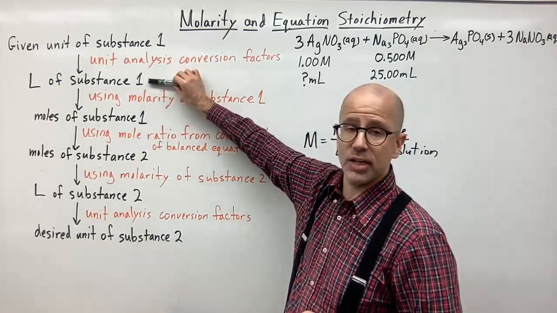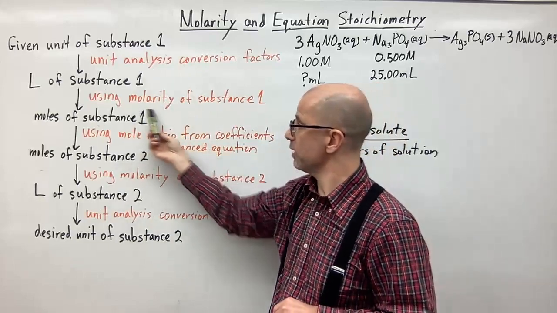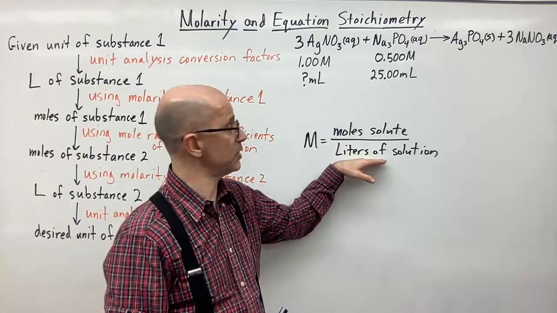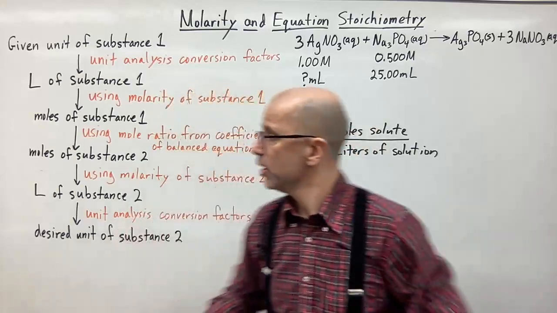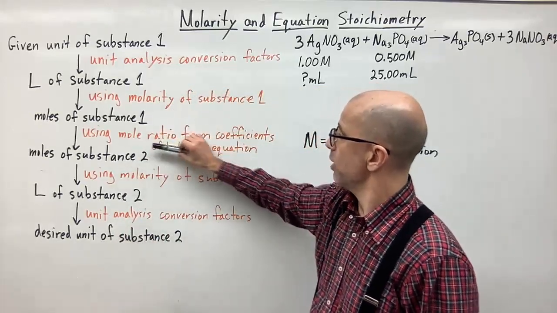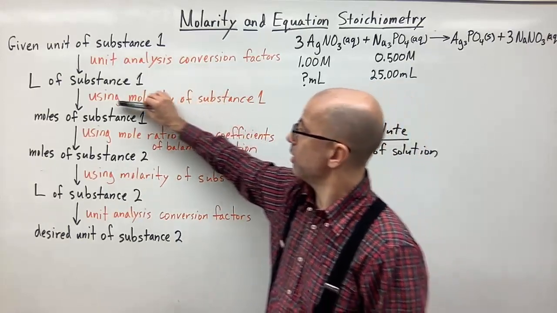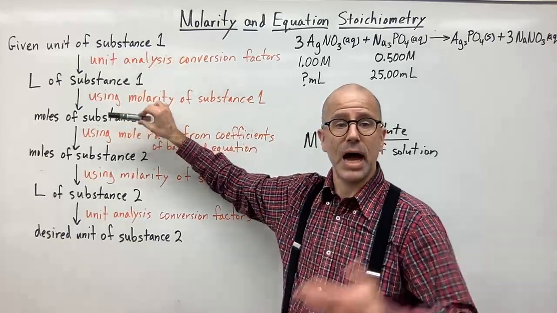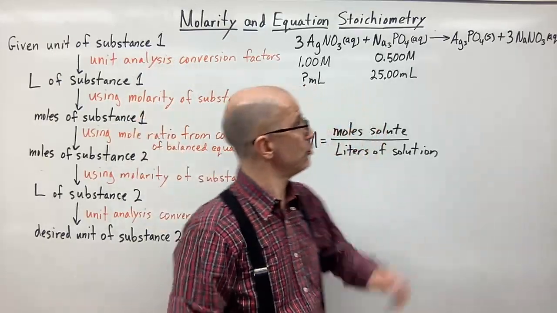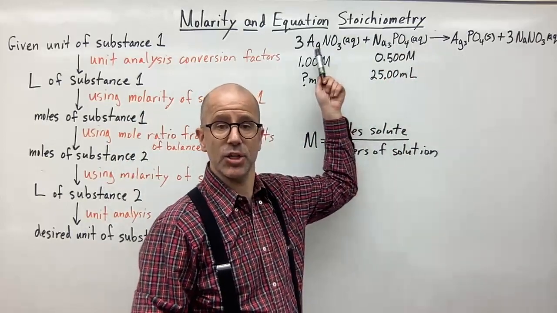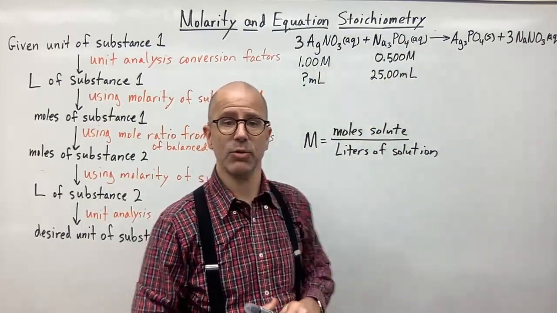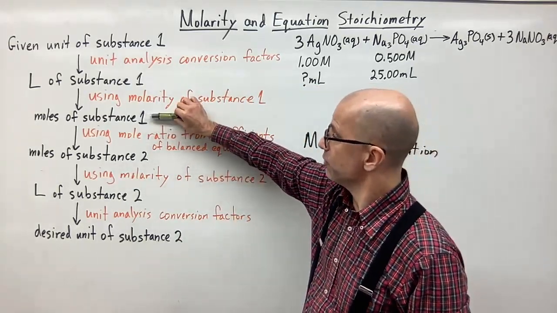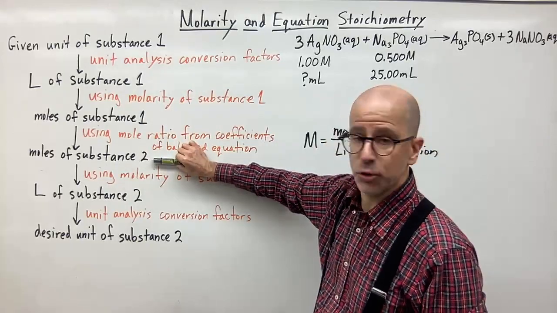Once you get to liters of substance one, you can now use the molarity of substance one, which again is the relationship between liters of the substance and the moles of the solute. So I can now use the molarity of substance one to convert from liters to moles. Now that I have moles, I can use a balanced equation, using the coefficients in the balanced equation as a mole ratio to convert from moles of substance 1 to moles of substance 2.